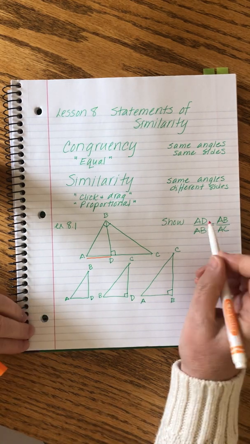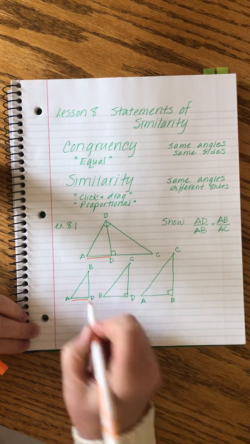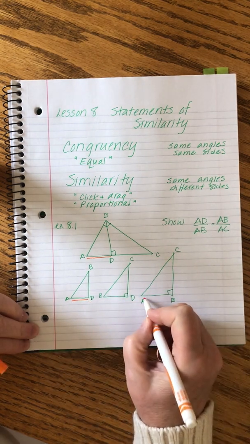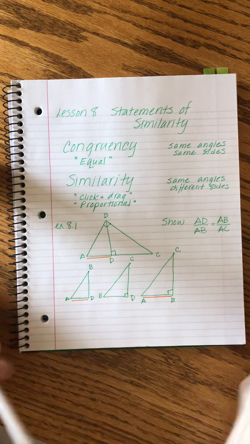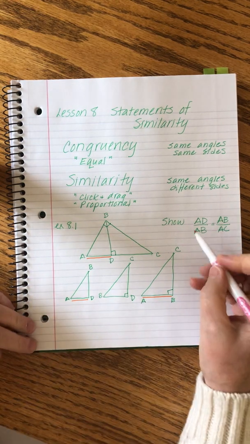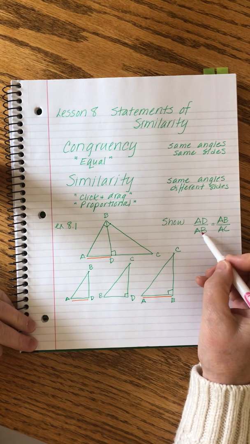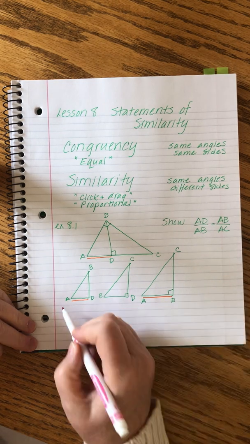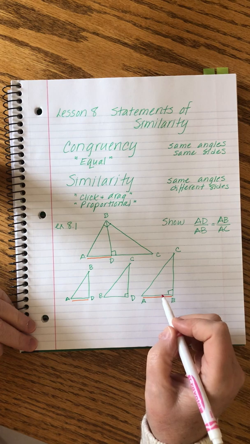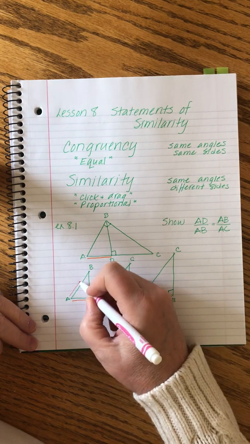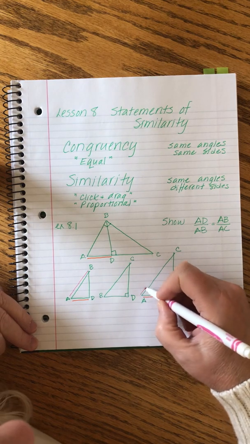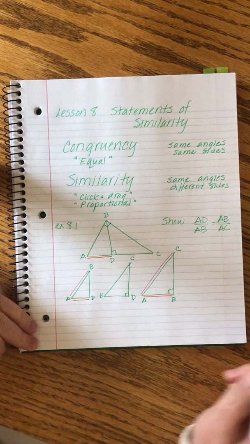Okay, now let's try this. AD to AB, that's over here. AD is to AB as AB is to AC.